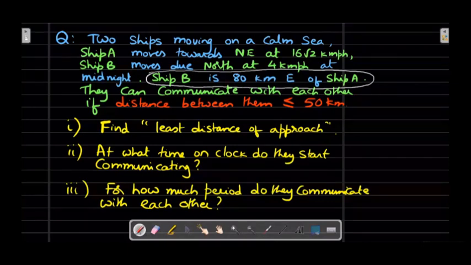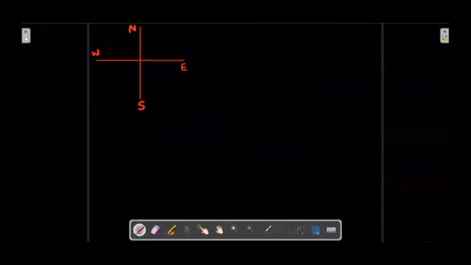He said ship B is to the east of ship A. So for my convenience, I'll take ship A as origin and then mark ship B. So this is ship A, and at this point, this is ship B, and the AB length initially in my picture here should be 80 kilometers. So that's my understanding of how the problem is worded.